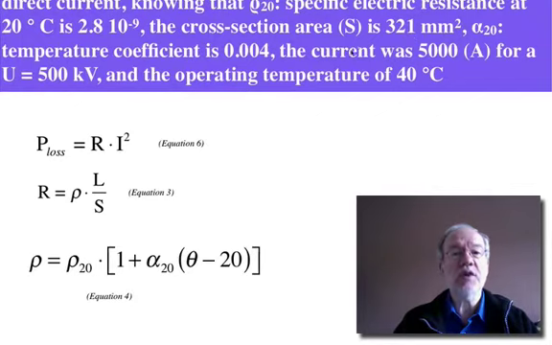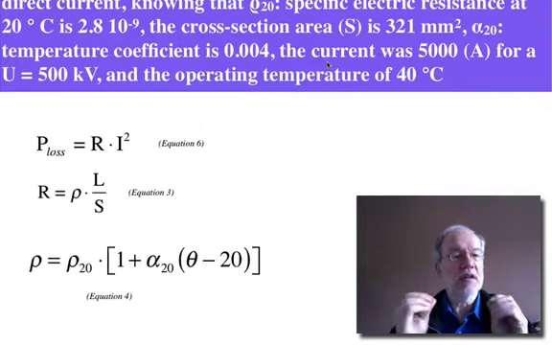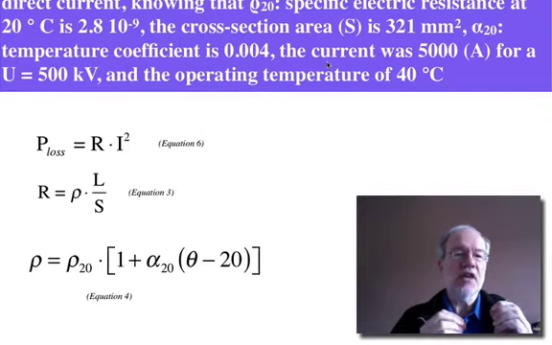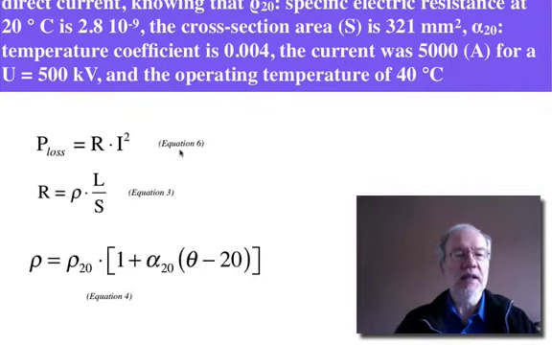We know the temperature coefficient, and we know that the current is 5,000 ampere, for a difference of electricity tension of about 500 kilovolt. And the operating temperature is 40 degrees, not 14, 40 degrees, of course.